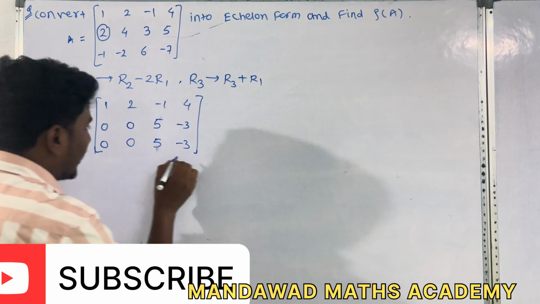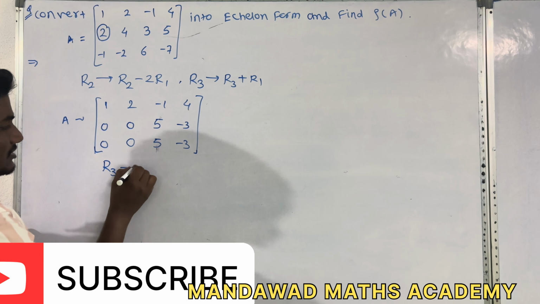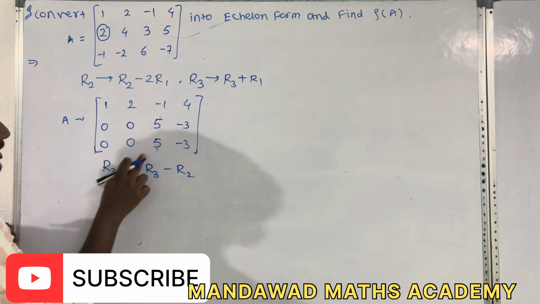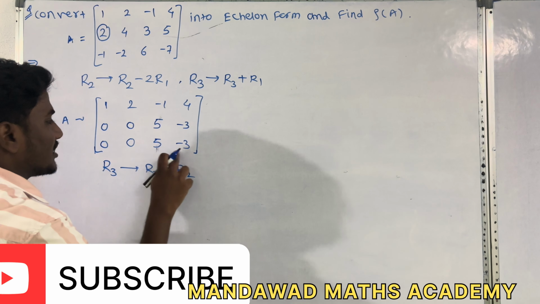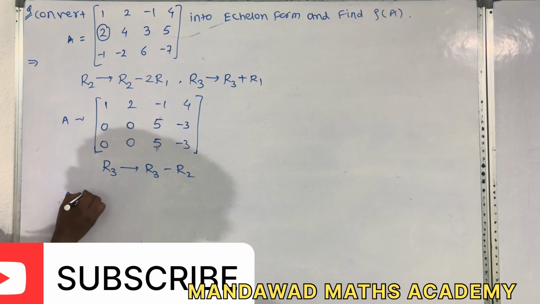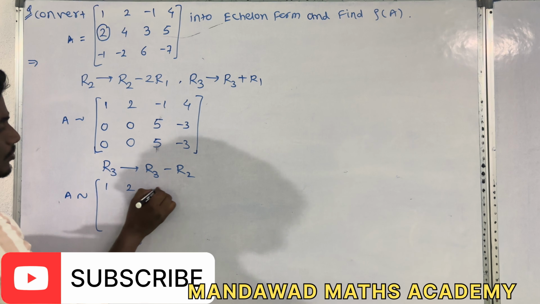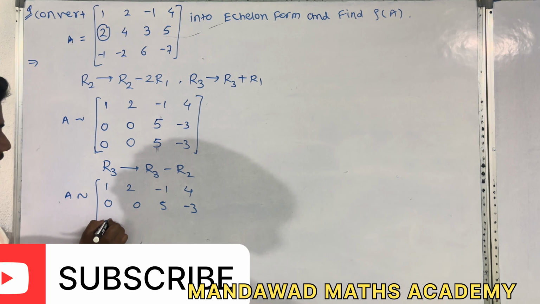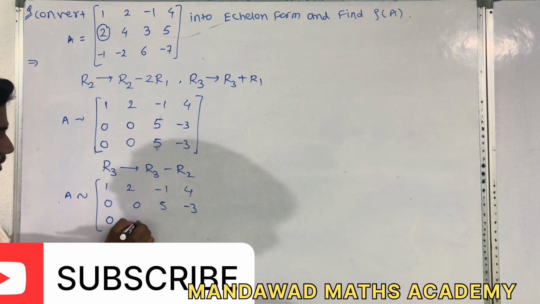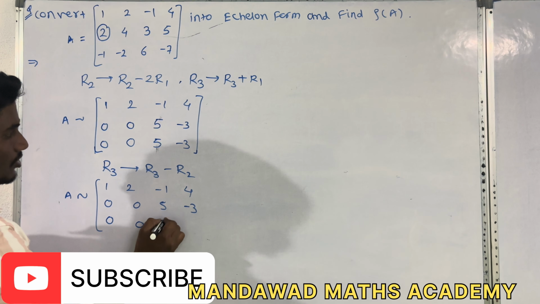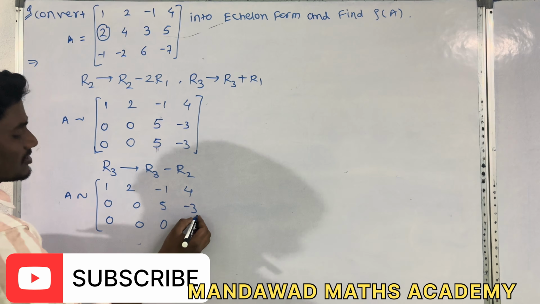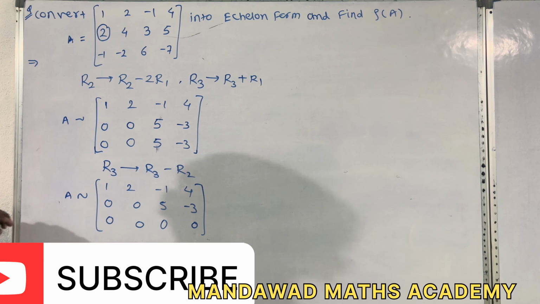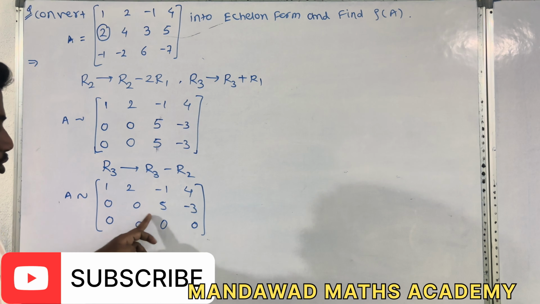Means I can use again R3 changes, R3 minus R2. By using R2, you can make this R3 0. Means here 1, 2, minus 1, 4, 0, 0, 5, minus 3. 0 minus 0 is 0. 0 minus 0 is 0. 5 minus 5 is 0. Minus 3 minus of minus 3 means plus 3, 0. There is no possibility to make these two elements 0.